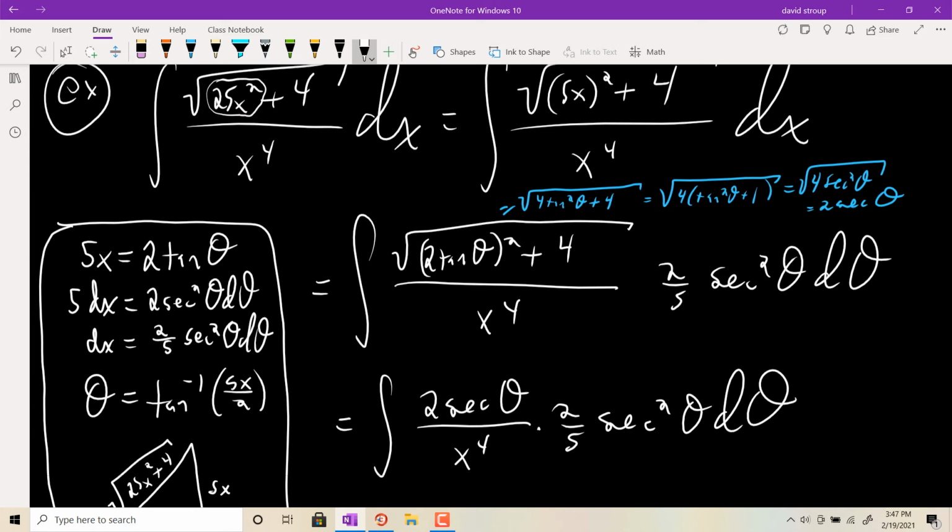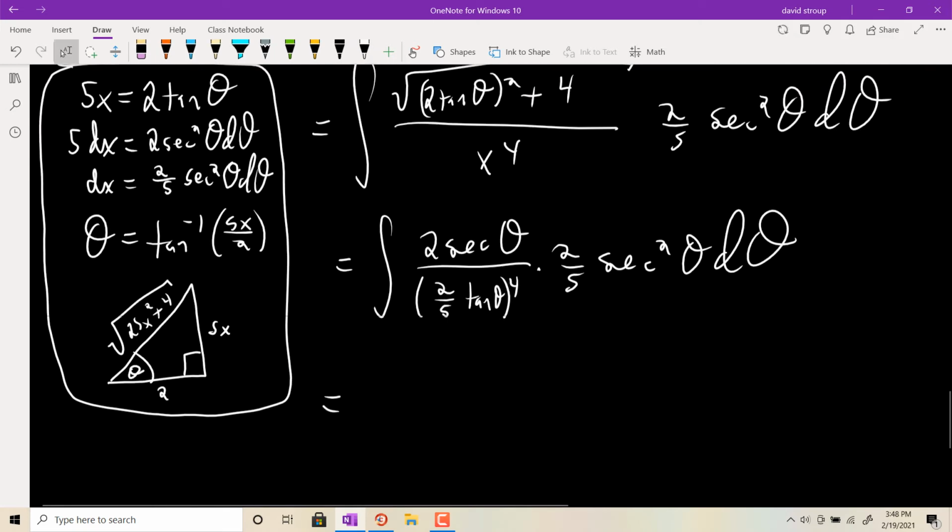Oh, whoops, I could replace x to the 4th as well. So what is x? x is 2/5 tan theta, to the 4th power. Well, that's like a mess, right?